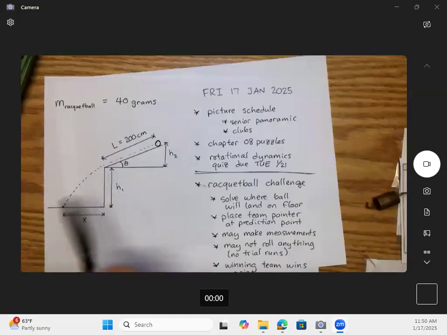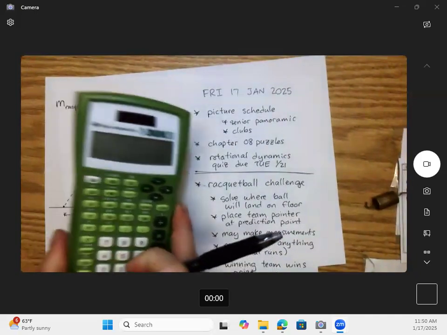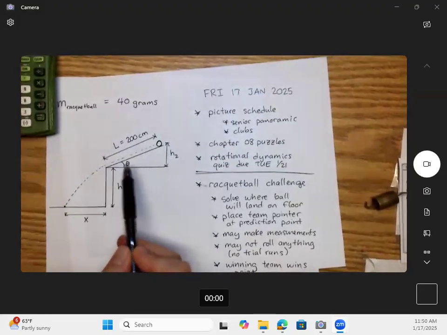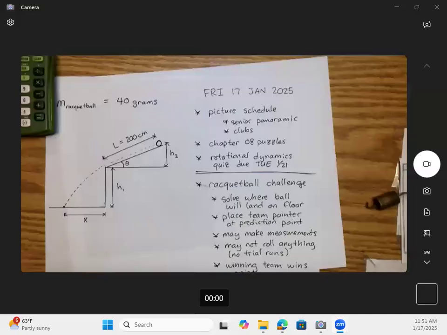Once you get that time, you do the calculator, it's probably a fraction of a second, right? If you get a fraction of a second, you're probably on the right track. Then take the horizontal component of velocity, so v cosine theta, multiply by the time, and you can spot exactly where the ball lands. I'm also working on this solution myself off screen, and I will get that posted to Google Classroom after school today.